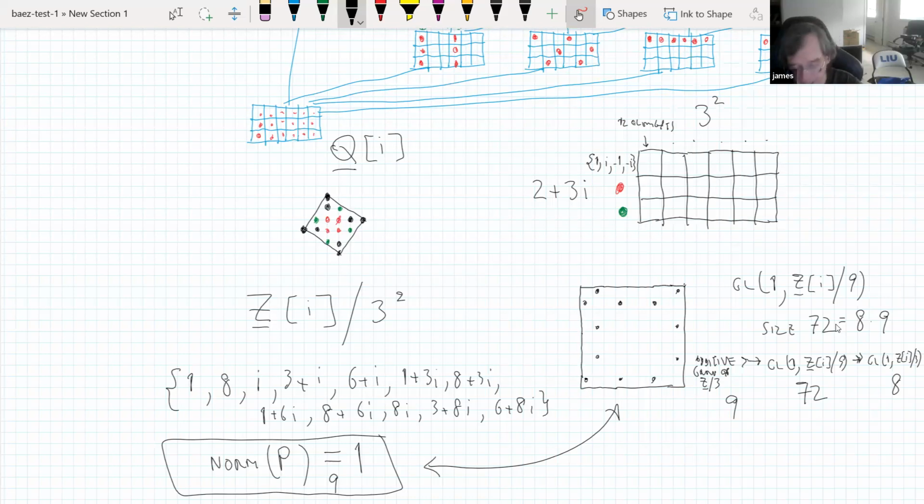That's right. And another thing that's probably important is that what we're doing here is we're taking a norm, but then we're taking the residue of the norm, modulo some modulus.